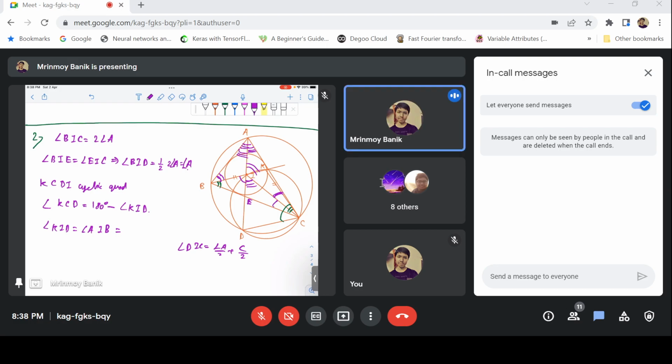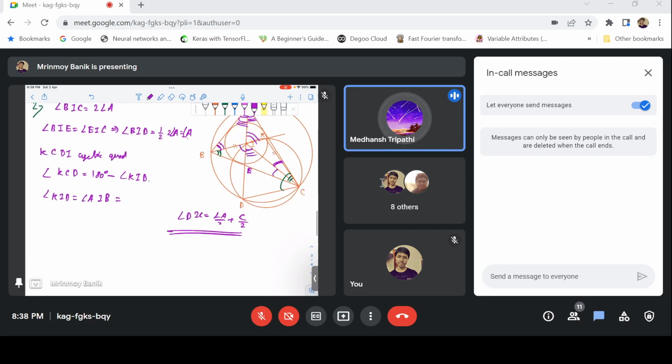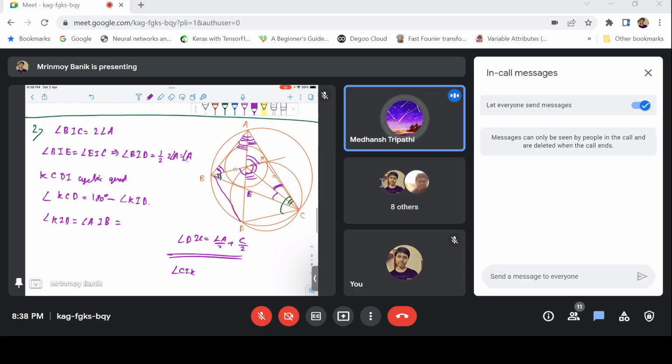Okay, so this is true. And hence, by the same logic, CIK is equal to B by 2 plus C by 2, because it is just the sum of angle IBC and ICB by the exterior angle property.